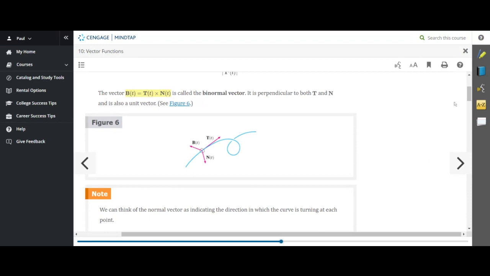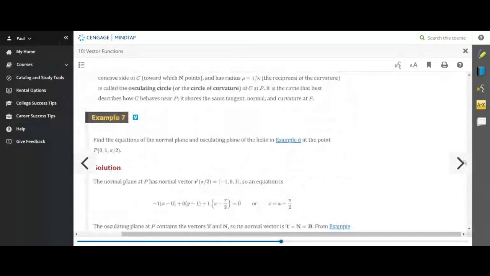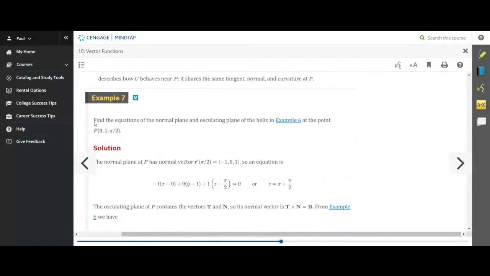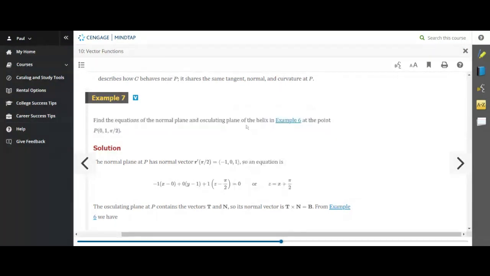So in the book, they have a nice example here, example 7, where they say, find the equations of the normal plane and osculating plane of the helix in example 6 at the point 0, 1, pi over 2.